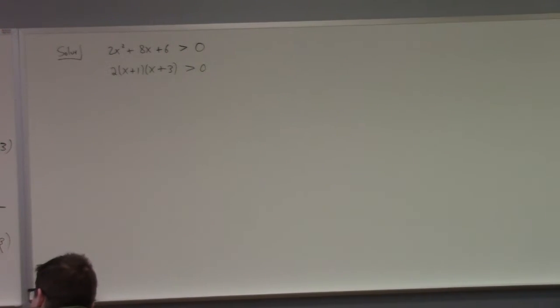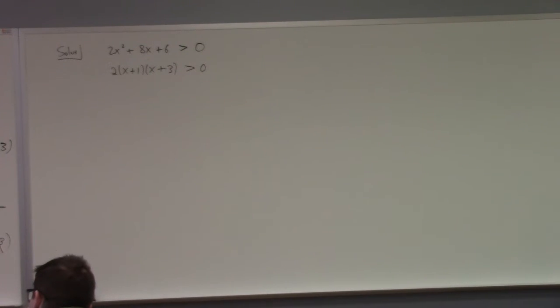You just need to look for zeros, for points of discontinuity, and for places where the function's not defined. If you take into account all those so-called critical points, not in the sense of optimization last semester, but in the sense of sign, like plus or minus, then you can make a sign chart and solve the inequality for the function.